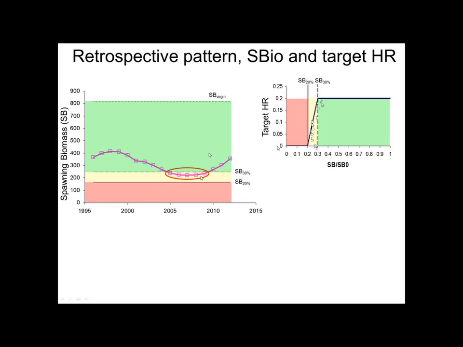So if we map those years into our harvest control rule, had we known that we were down at that level, then the reduction in target harvest rates would have been in the order of 18.6% to 14%, which is the year, in this case 2007, that retrospectively you can see that we were at that level.